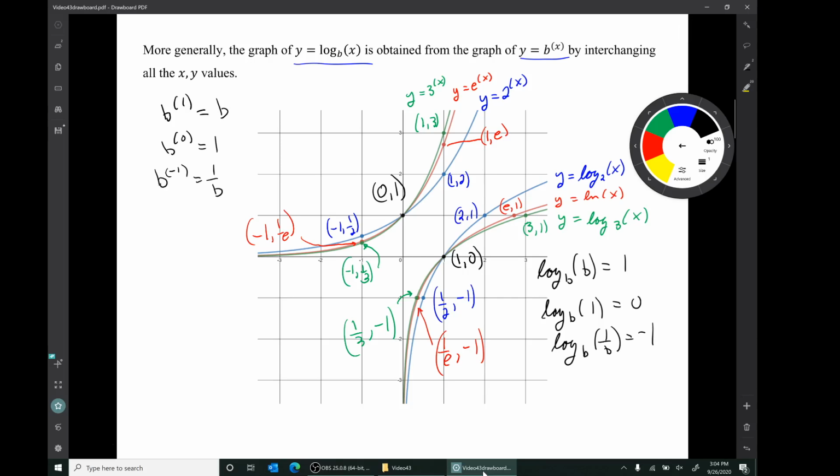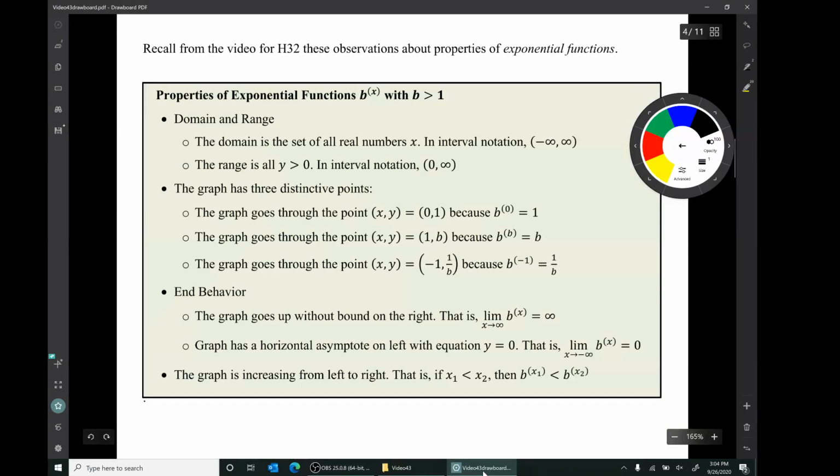Now, remember that we had a collection of common properties of the exponential function graphs, properties of the domain and range, distinctive points, the end behavior, and the graphs increasing from left to right. Well, we'll have a similar collection of common properties for the logarithm functions.